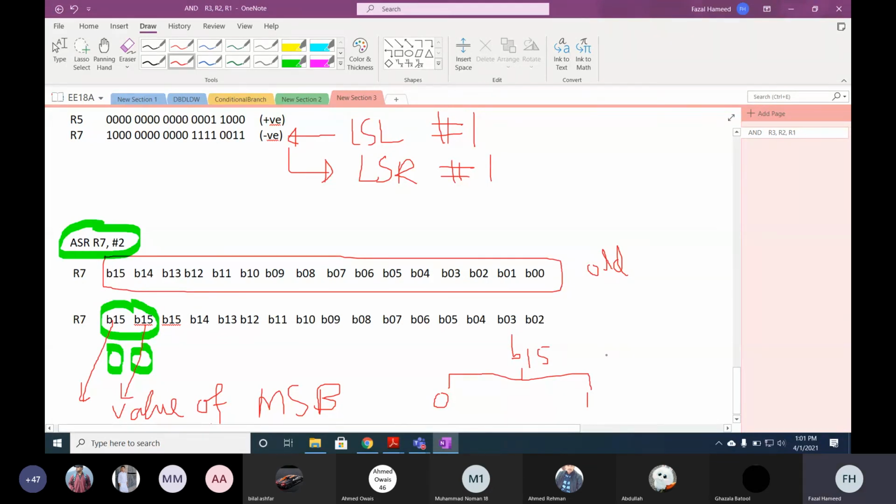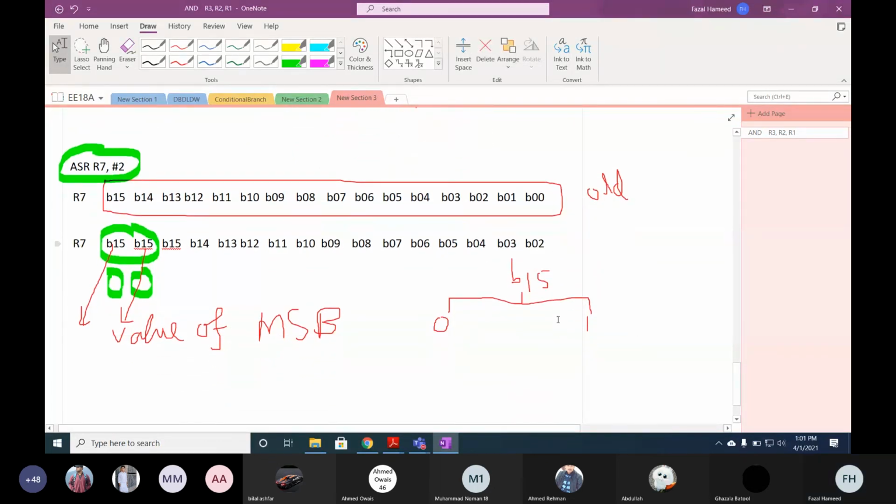Do you understand? Yes sir. Okay, so now there are two scenarios, and now we are studying this scenario. In the first scenario, if MSB is 0, then the outcome of logical shift right and arithmetic shift right is the same.